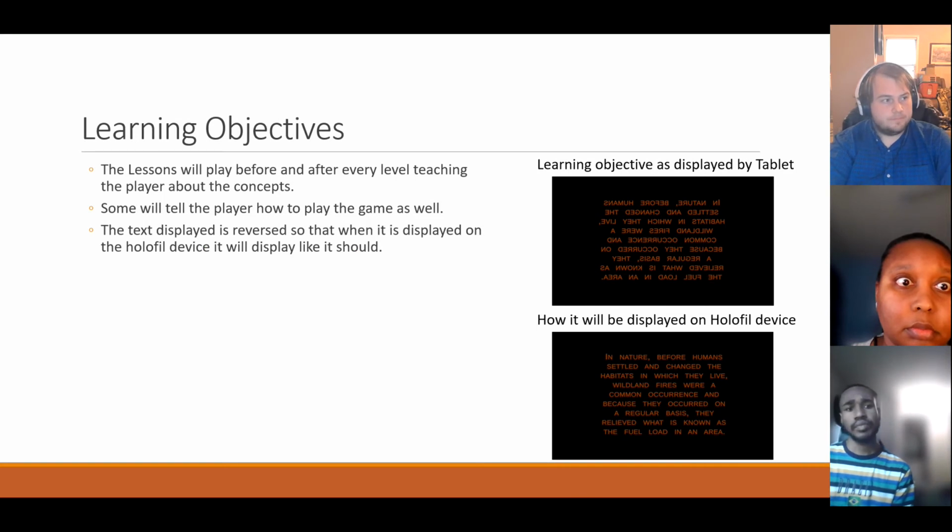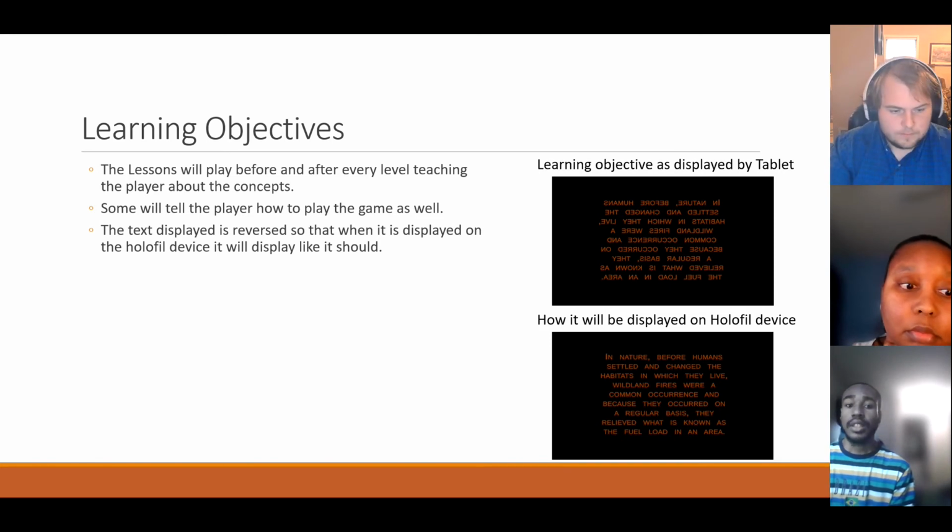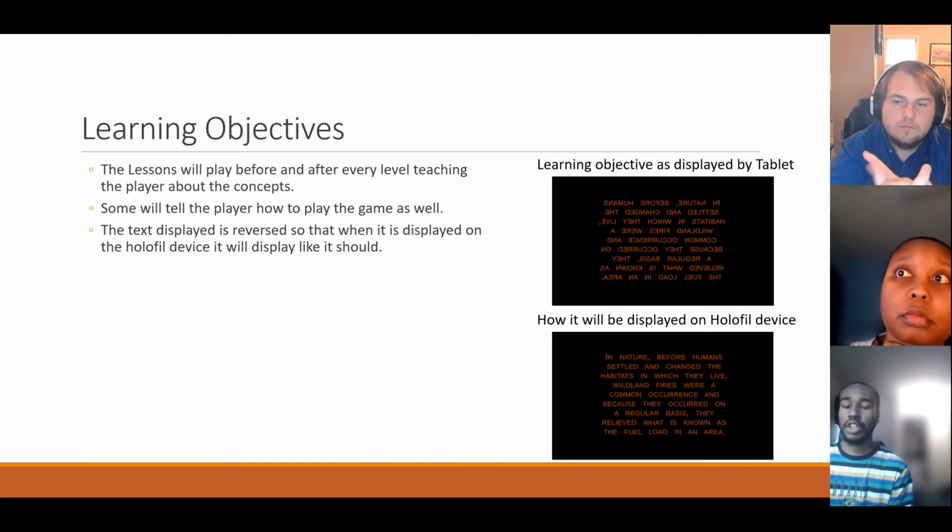Learning objectives. During each level, the user will be met with dialogue explaining the objective for each level. Also, the user will be met with learning objectives when starting the game. For instance, when they're starting the game, they'll see a disclaimer that the game is for educational purposes.